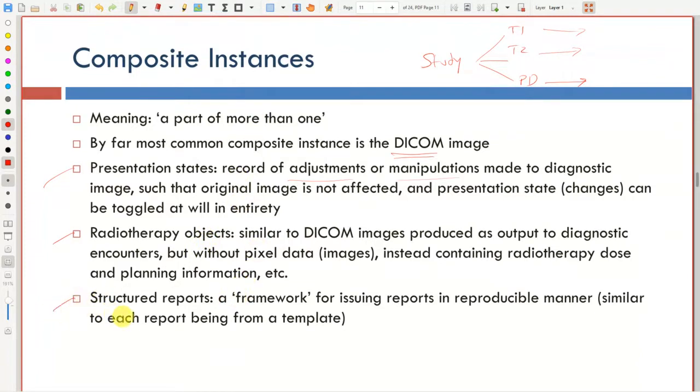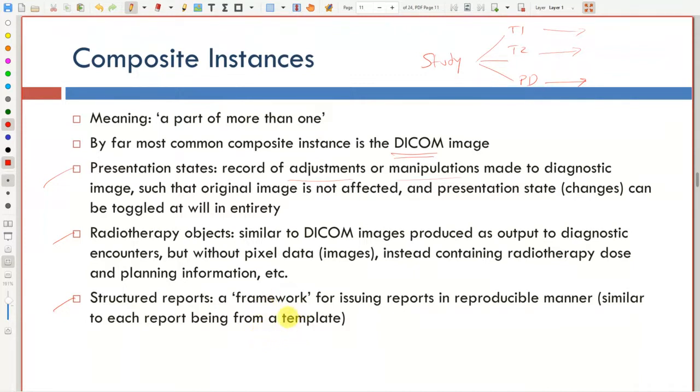Sometimes you also have what's called structured reports. Structured reports are a framework for issuing reports in a reproducible manner. It's very similar to having each report come from a template, meaning that instead of each doctor writing his own report in a different way, you have certain templates and the doctor just fills them out.